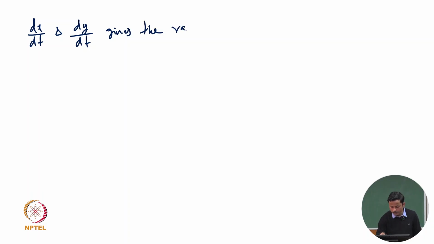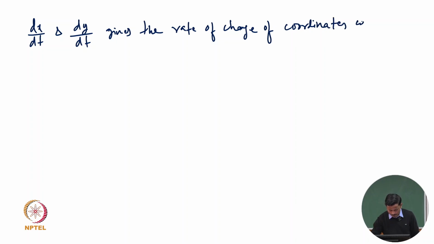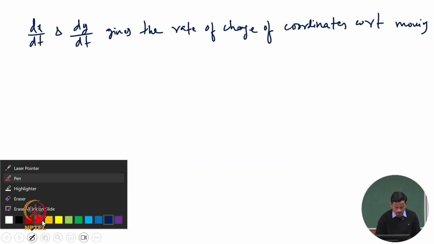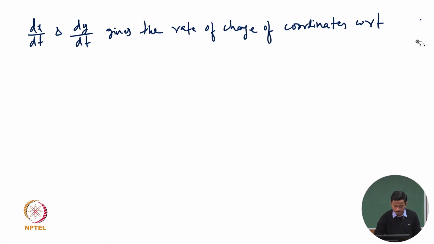Similarly dx by dt and dy by dt is the rate of change of coordinates with respect to the moving frame or the rotating frame. So let's write rotating frame.